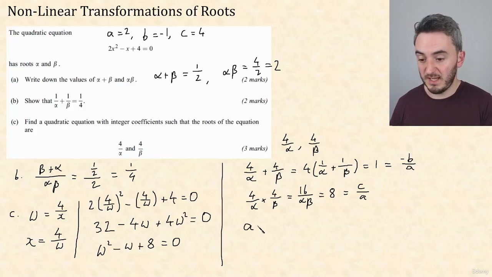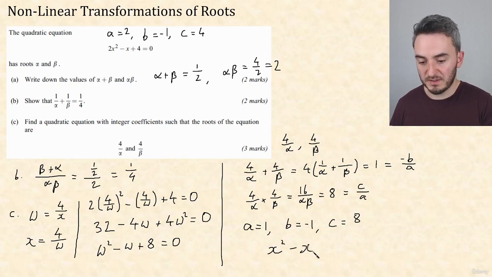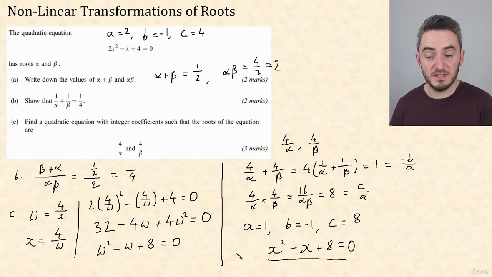So if you just say a equals 1, then minus b has to equal 1. So b equals minus 1. And c would have to equal 8. c over 1 should be 8, so c is 8. And there's my answer. It's 1x squared plus minus x, and minus x plus 8 equals 0. And look, that is the same polynomial as that.